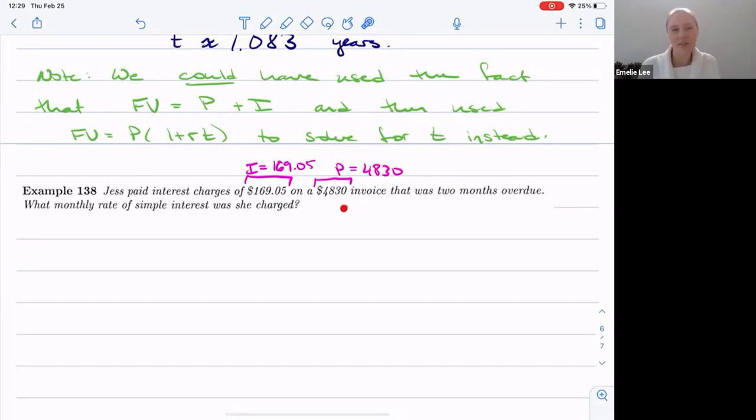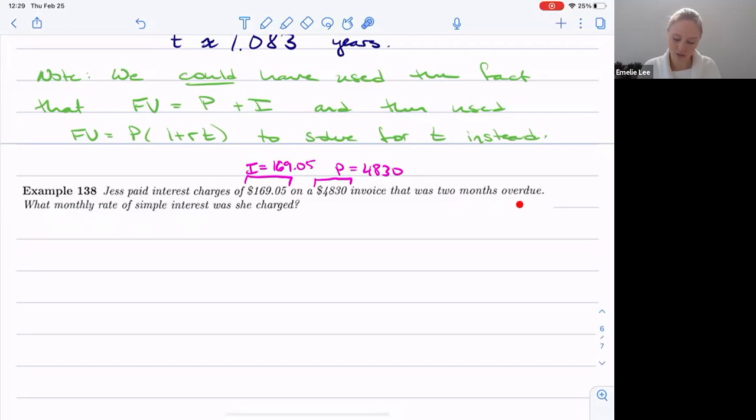We know about all these concepts, we just don't maybe know the math around it. So she's got this invoice, it's 2 months overdue, and they said, hey, as soon as it's overdue, we start charging you interest. And then eventually we want to find what monthly rate of simple interest was she charged, right?